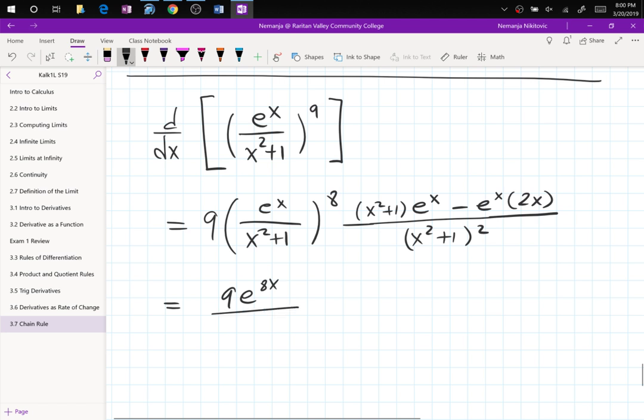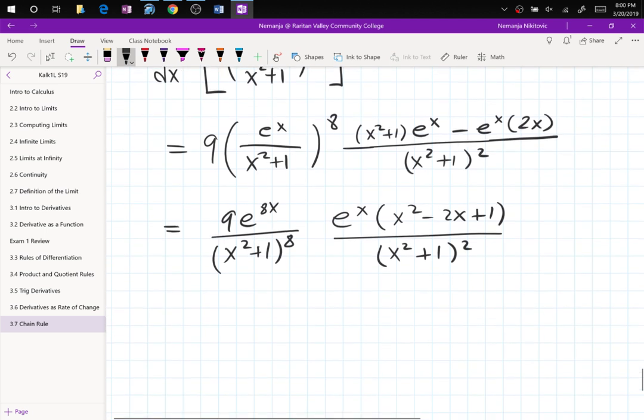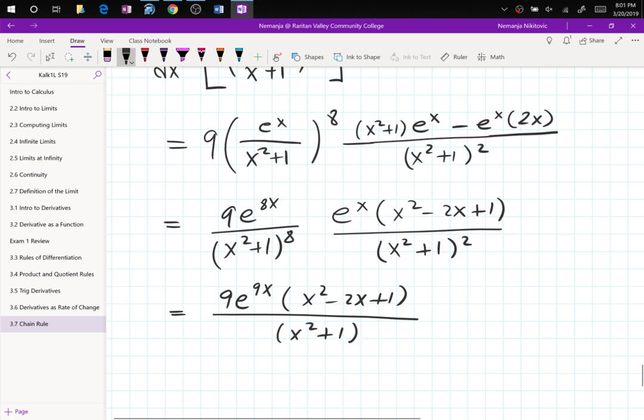So we have the denominator x squared plus 1. As you can see, I give the 8 exponent to each one of them. The 9 does not get the 8 exponent because it's not in the parentheses. Over there we have e to the x, and we have x squared minus 2x plus 1 divided by x squared plus 1 squared. Now we pull all of the resources together. Yes, the denominator goes to the 10th. So we have 9e to the 9x times x squared minus 2x plus 1, everything divided by x squared plus 1 to the 10th.